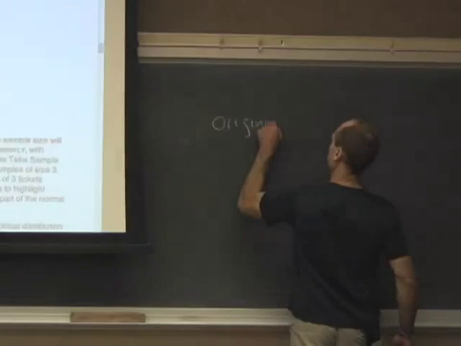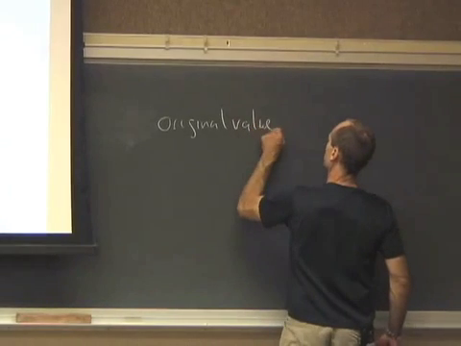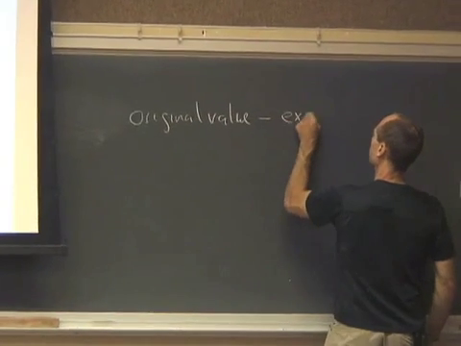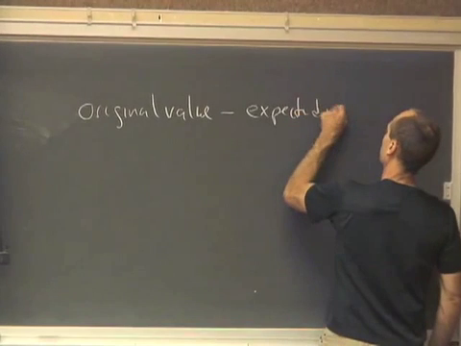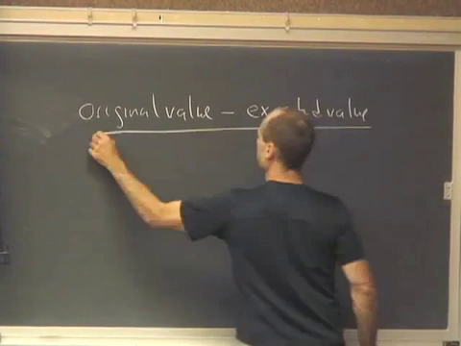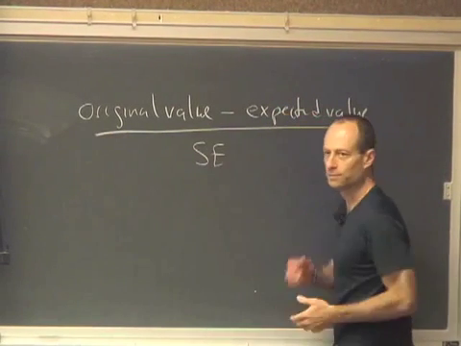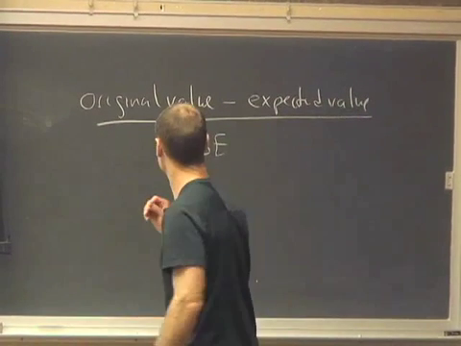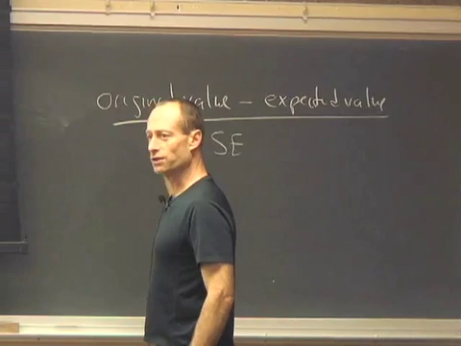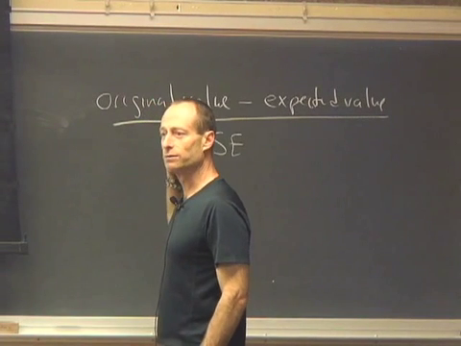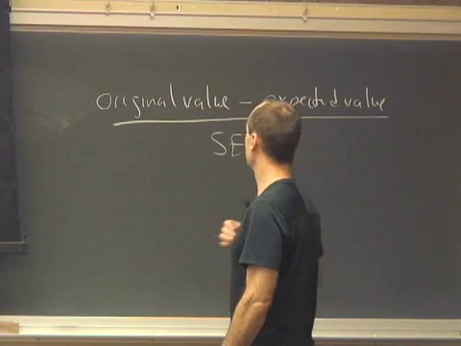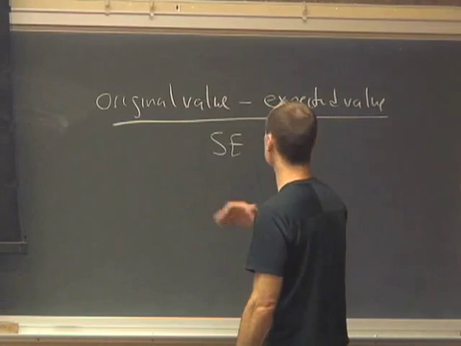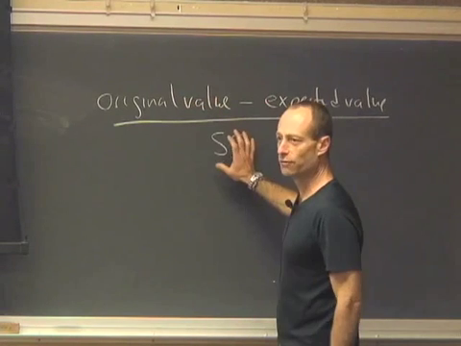It's the original value minus the expected value divided by the standard error. This is how you turn values of a random variable into standard units. So it's the variable minus its expected value, over the standard error.